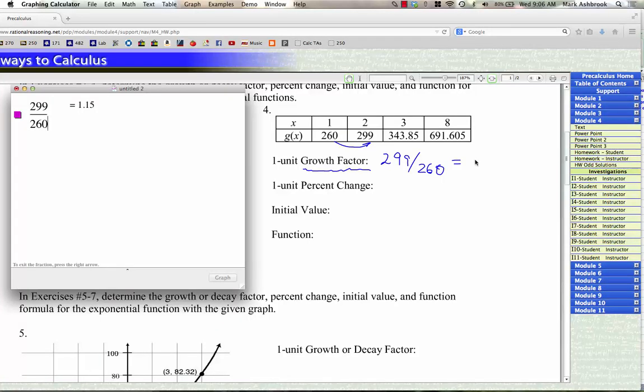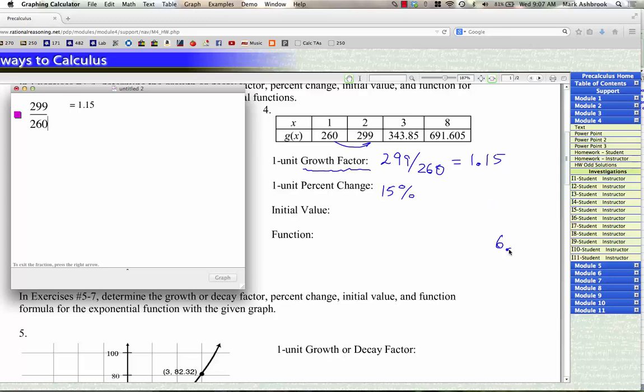Exactly, you're right. Exactly 1.15. These are the types of growth factors we like the best because you can just pick off the 1 unit percent change easily. What's the 1 unit percent change? 15% growth.